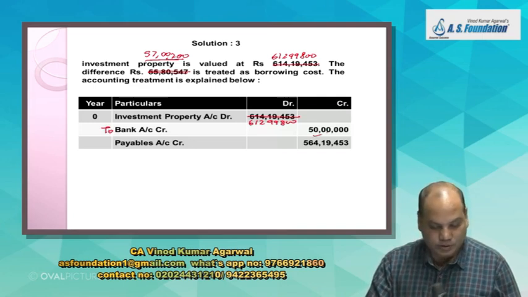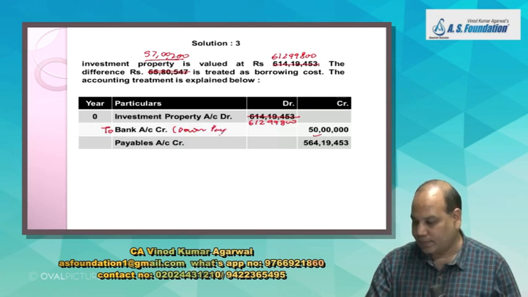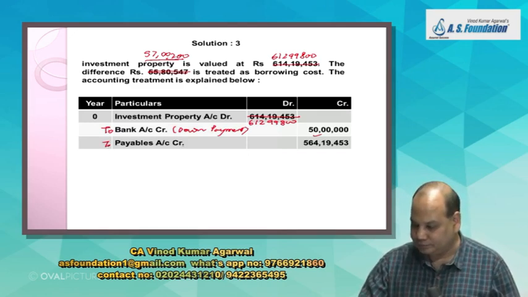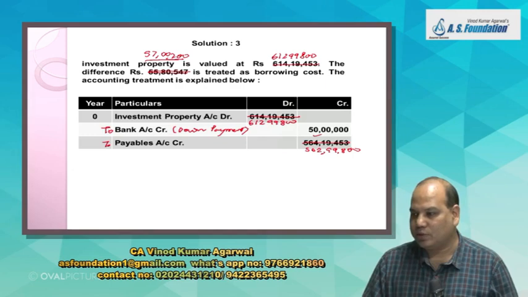This is your down payment. To payable account, balancing figure. Check the balancing figure is how much? 562,99800.